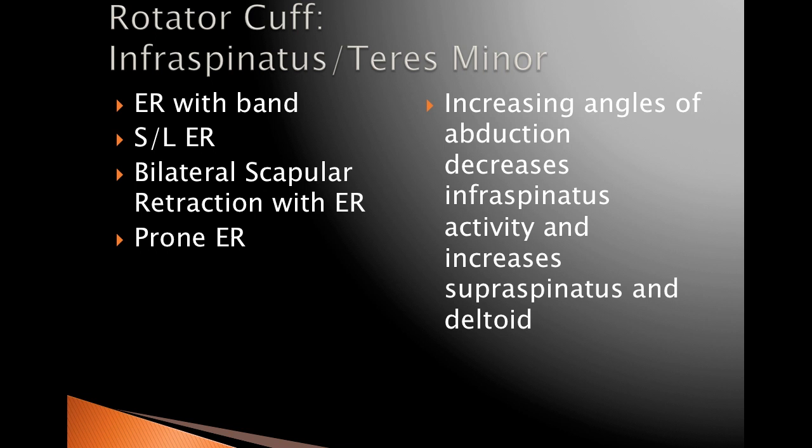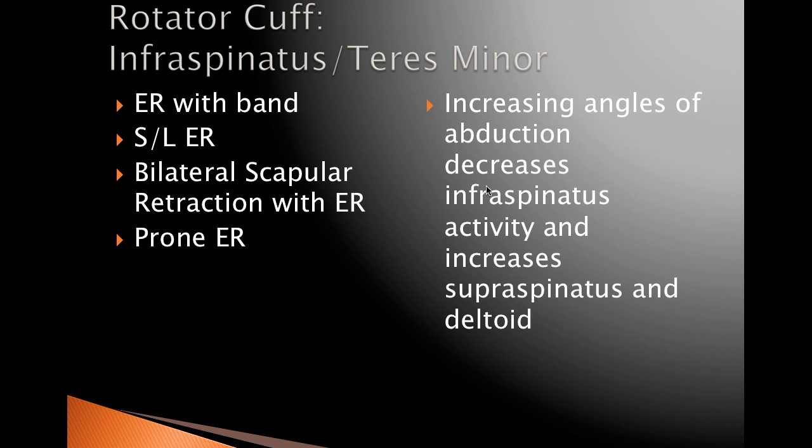Okay, also some exercises for the rotator cuff. For the infraspinatus and teres minor, which are external rotators: external rotation with TheraBand, side-lying external rotation, bilateral scapular retraction with external rotation, and prone external rotation. Also think about bringing your arm away from your side.